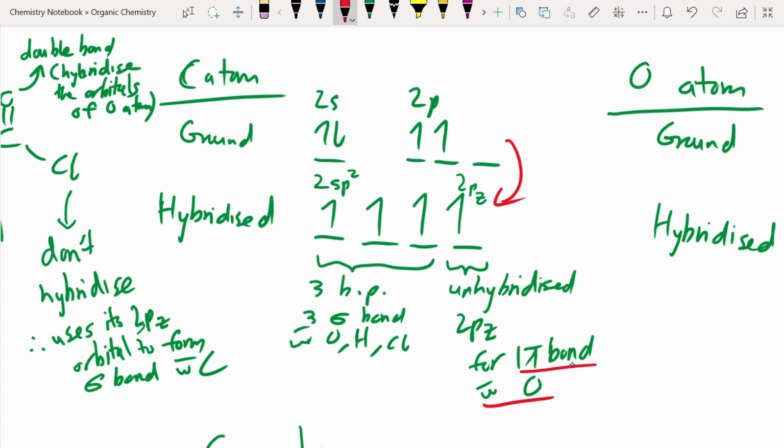The 3 hybrid sp2 orbitals are used to form your 3 sigma bonds with oxygen, hydrogen, and chlorine.